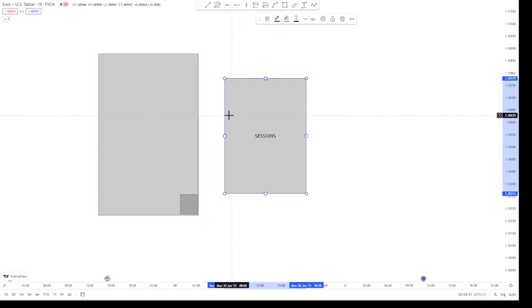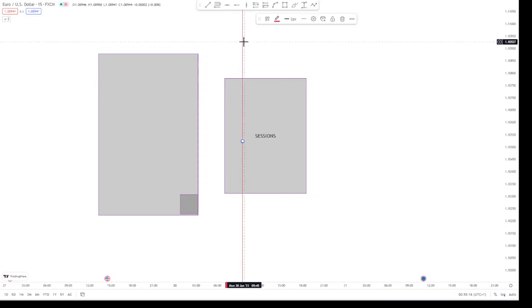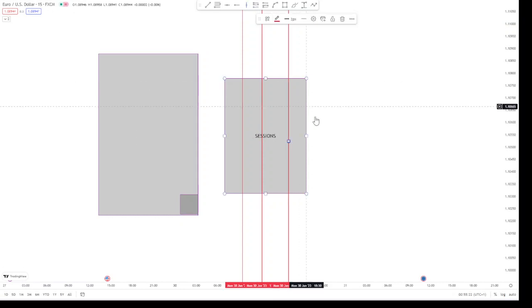When one session opens, before it closes, the next session opens, so that by the time the first session is closing, there is no stop in market movement. I'm just going to use these lines that I've delineated. So let's assume we have 1, 2, 3, 4 sessions, these boxes here.